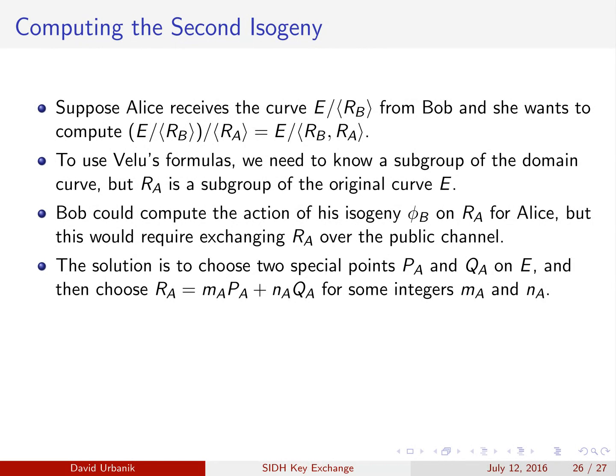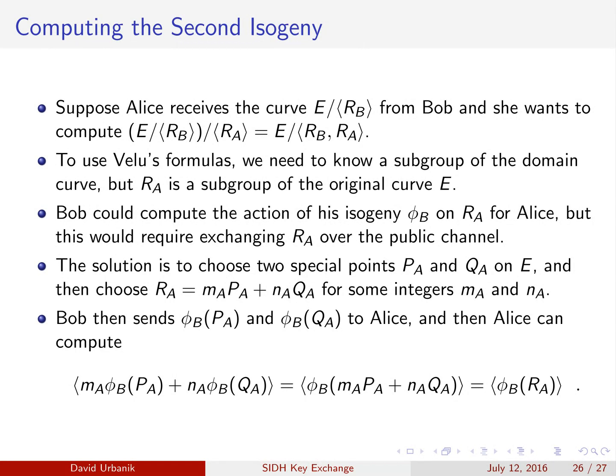After she's computed a linear combination of these 2 points, she gets Bob to evaluate his isogeny on these particular points. And because the isogeny is a group homomorphism, this distributes through, you can pull the isogeny out and get what you want, which is the isogeny evaluated on this point, and then Alice knows what the right subgroup is that she has to quotient by.